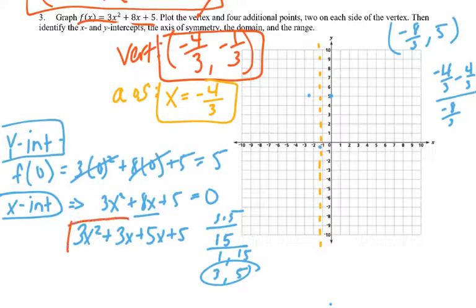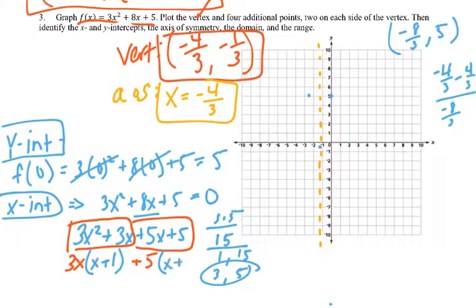Because looking at these two terms, I can factor out a 3x. Looking at these two terms, I can factor out a positive 5. What will remain? x plus 1. On this one, x plus 1. So they share this x plus 1 term, and so I can factor that out as well.